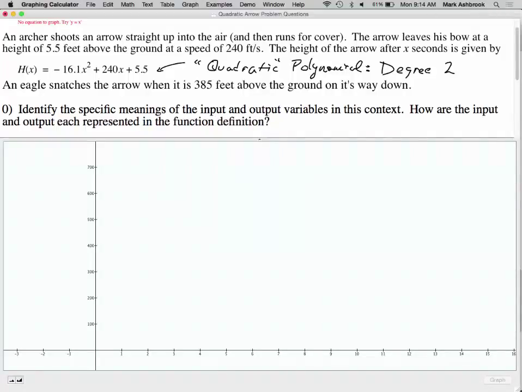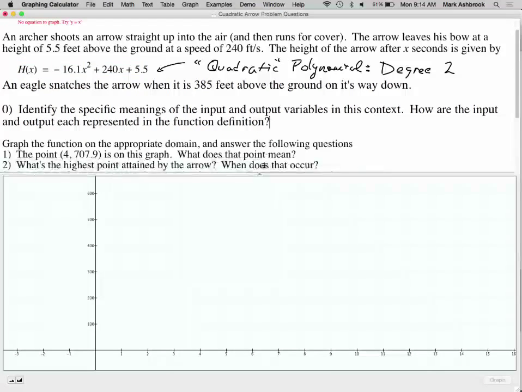Question 0: identify the specific meanings of the input and output variables in this context, and then how are the input and output each represented in the function definition? This is the function definition right here. H of x equals negative 16.1x squared plus 240x plus 5.5. Okay, so that's question 0.